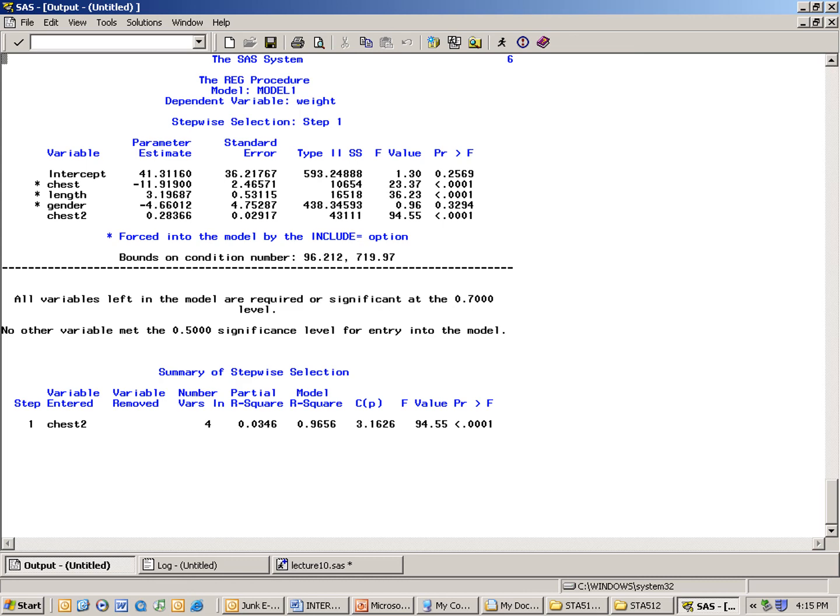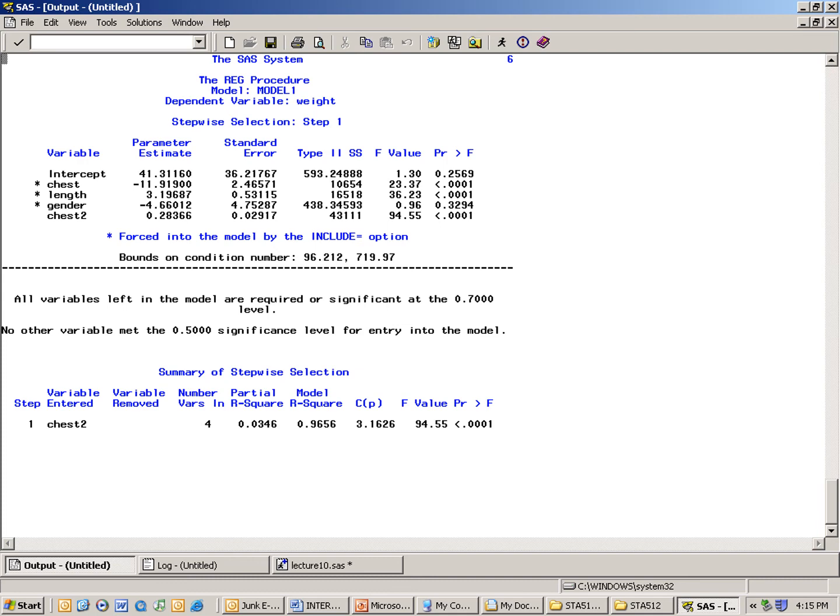So now it gave us a model that has some polynomial terms as well as lower order terms. Now that said, just as a preliminary step, I then might say, even though I wanted to force gender in there just in case there was an interaction term that included gender, it turns out gender is not significant by the usual 0.05 criteria.